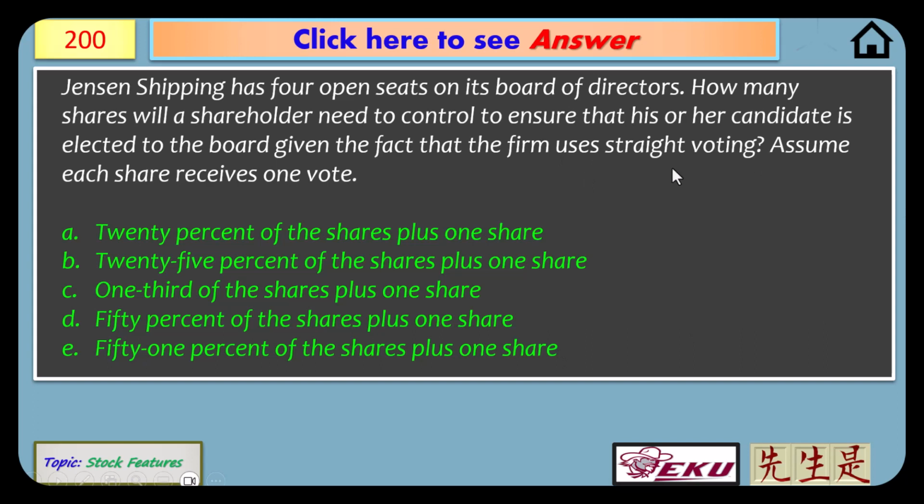Okay, there are four open seats, and they use straight voting. How many votes do you need to guarantee a seat?